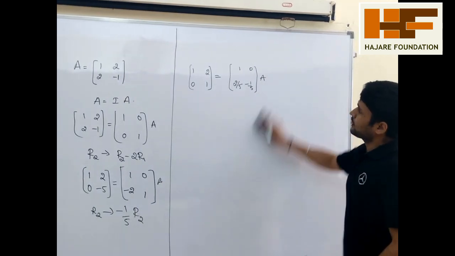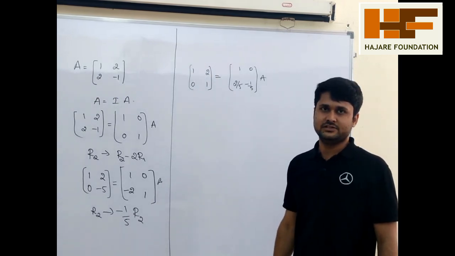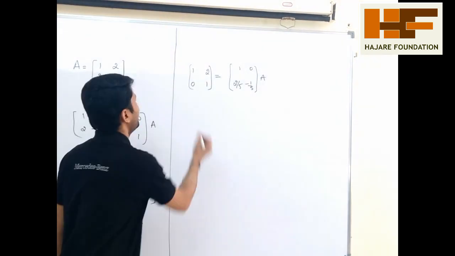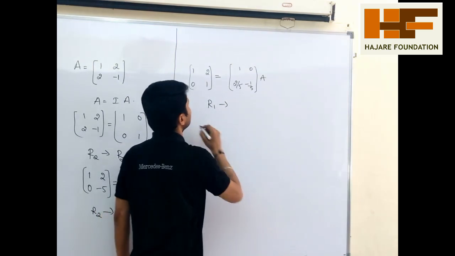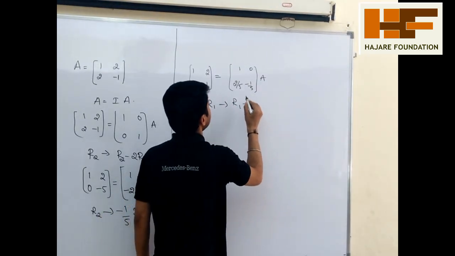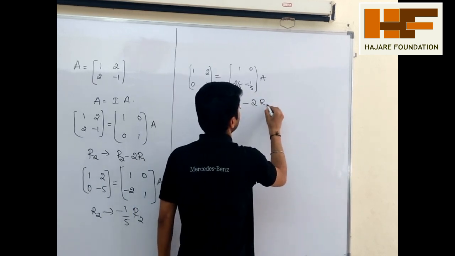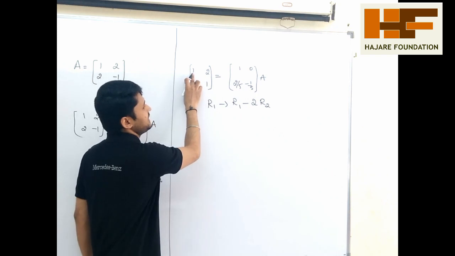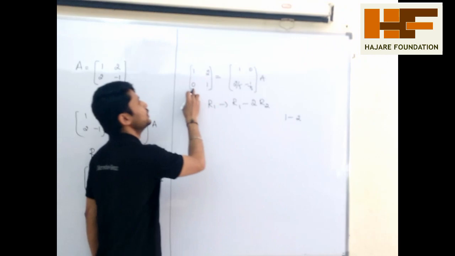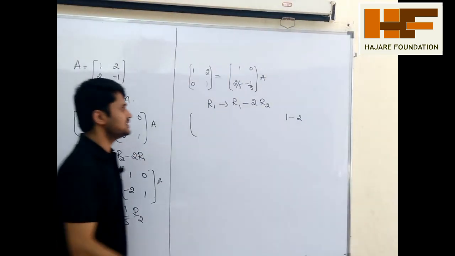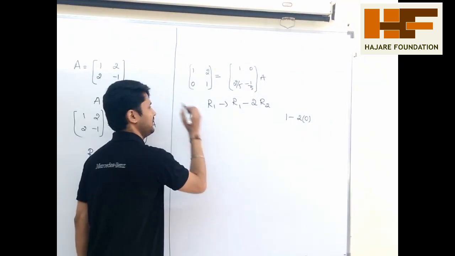Next, we have to make the A12 element 0 using an R1 operation, meaning using R1 changes to R1 minus 2 times R2. What is the R1 element here? 1, right? 1 minus 2 times R2. 2 into the corresponding R2 element, 0. 2 into 0 is 0, right? 1.